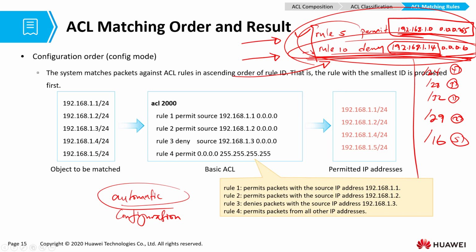Now, the other matching order is the configuration matching order, where the system matches packets against ACL rules in ascending order of rule ID. This is the one we are illustrating in the slide. The system matches packets against ACL rules in the ascending order of rule ID.